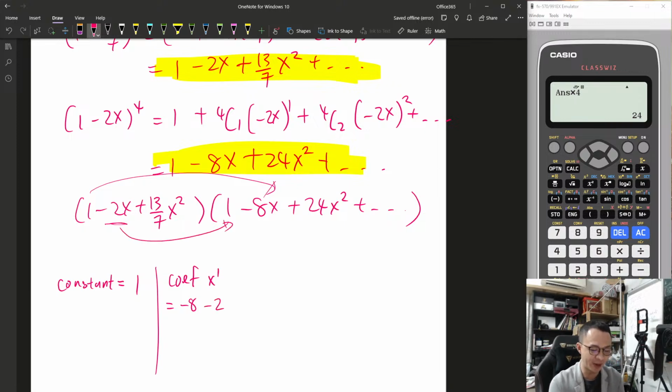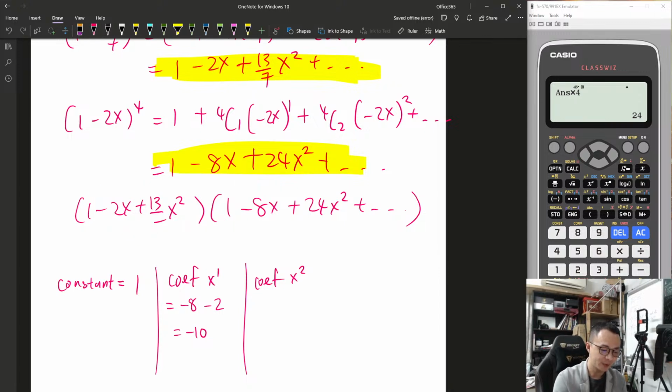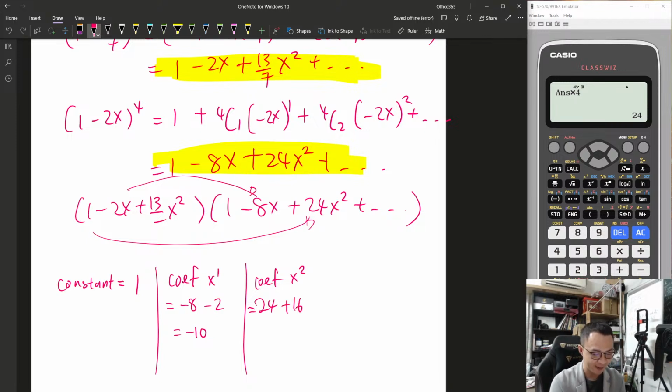No more x to the power 1, so it's negative 10. Then the coefficient of x to the power of 2: 1 can multiply 24x squared, then I get 24. Then negative 2 can multiply with negative a, then I get positive 16 x squared.